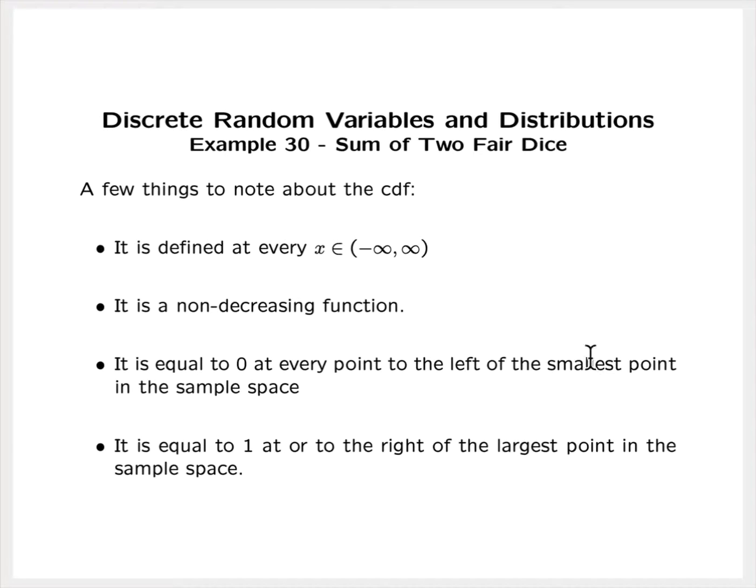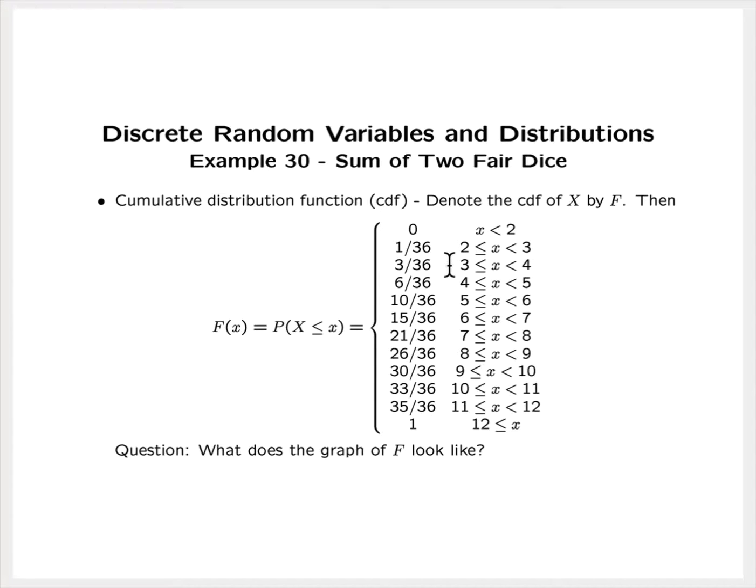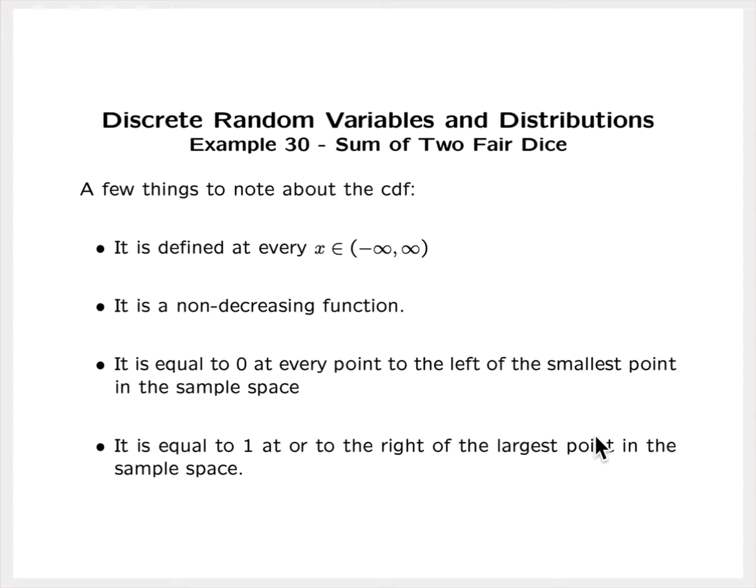So the CDF is defined at every real number. We can also see that it is non-decreasing. These values taken on by the CDF never go down as x is increasing. They either stay constant or they increase.